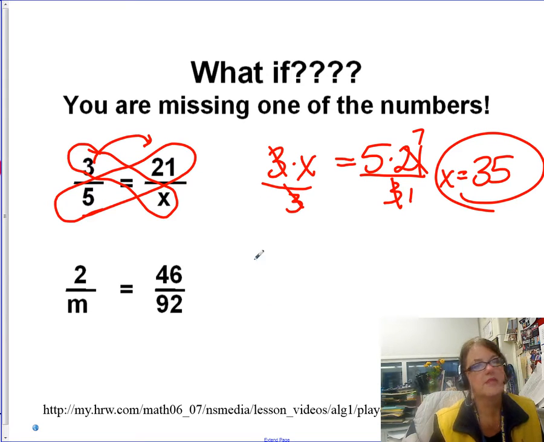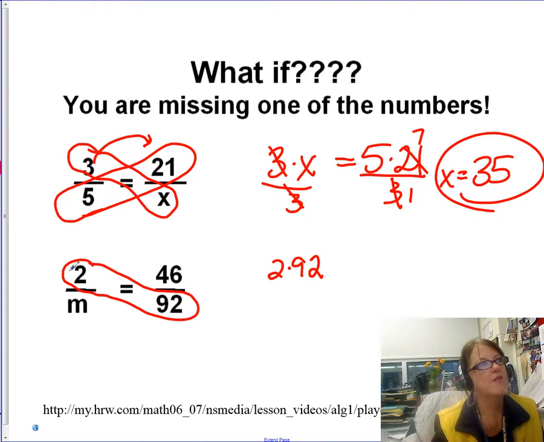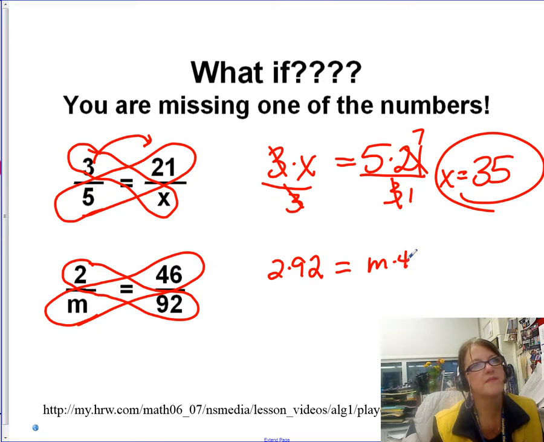But they're not always going to be that easy. So let's take a look at this one. This one might not be obvious. It's a proportion because I have two fractions that are equal. So I know that 2 times 92 has to equal m times 46. Now it's a straight up solve this.